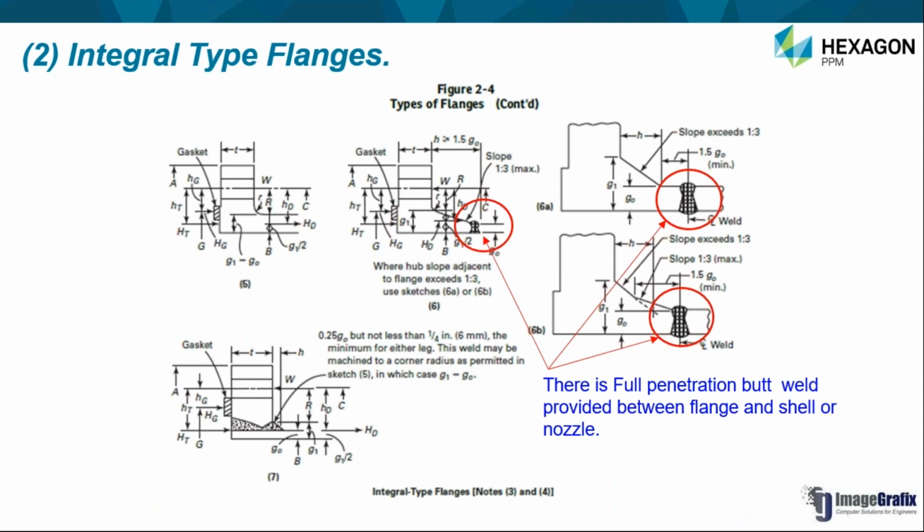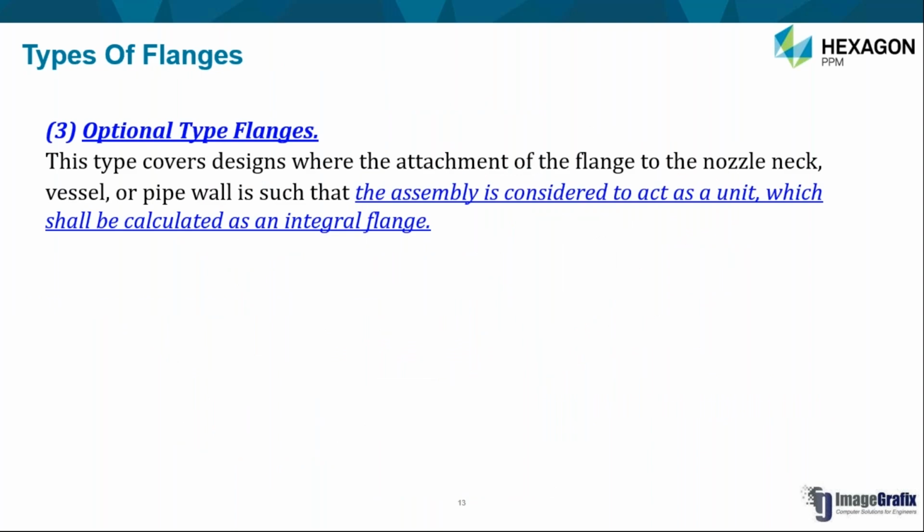If you observe figure number 7, though there is no butt weld joint between the nozzle wall and the flange thickness, the flange thickness will be full penetration welded to the shell. Okay. So full welding is done throughout the thickness of the flange, and there is an outward fillet also. So these kinds of construction are considered as integral type of flanges. Then the next is the optional type of flange.